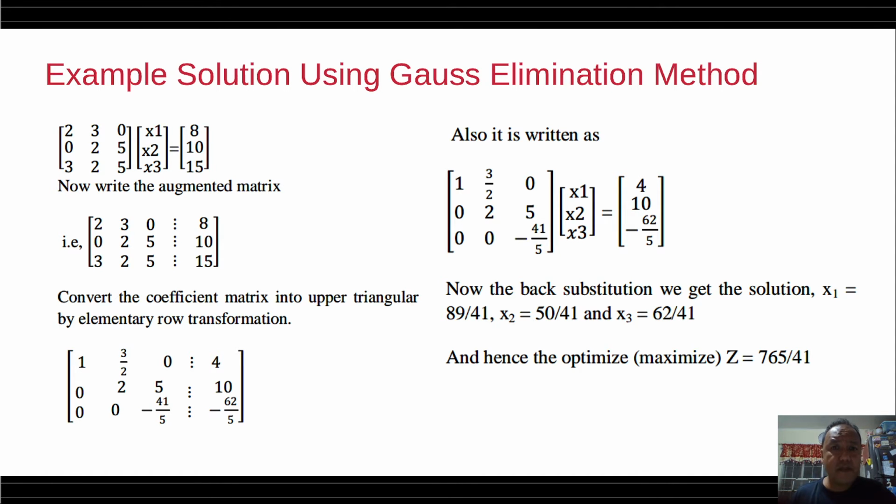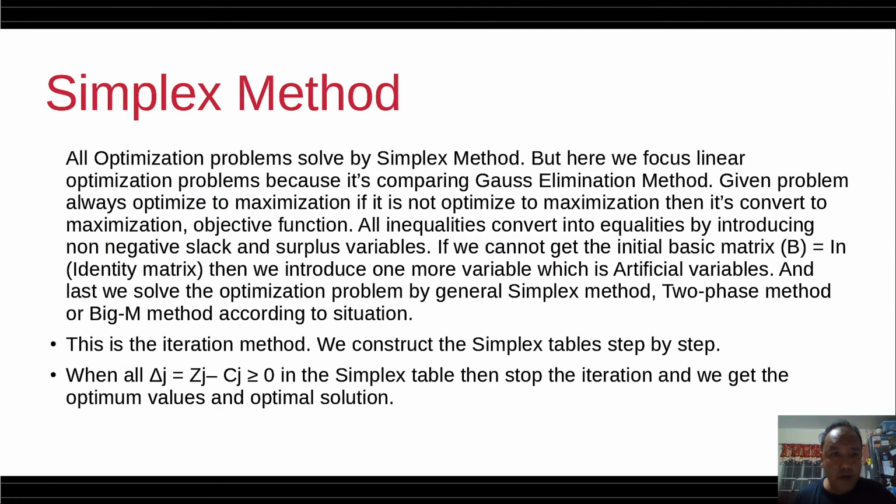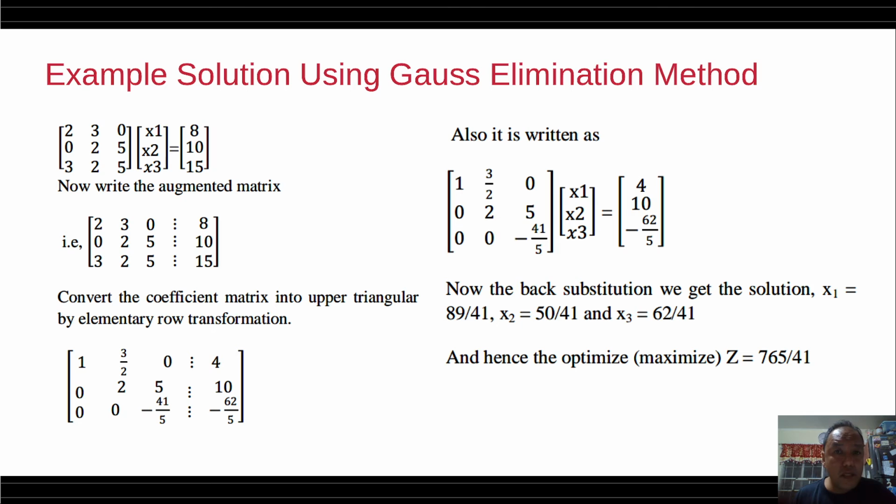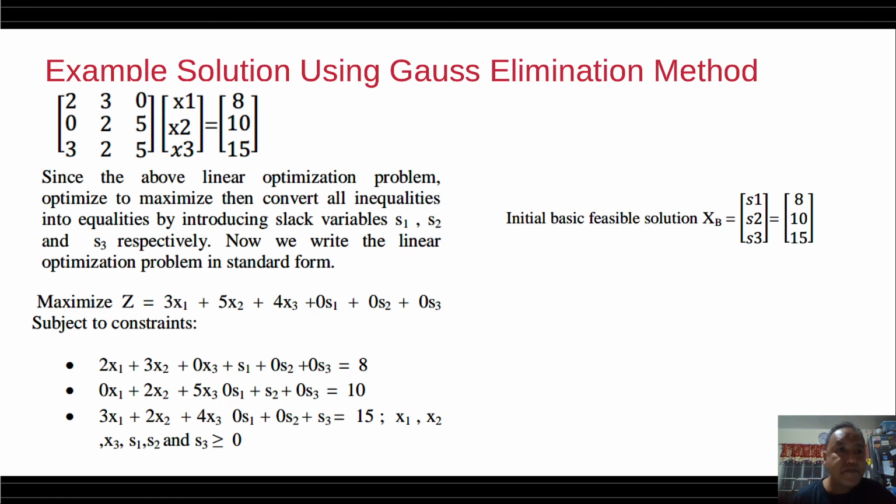We didn't have enough time to consider studying the simplex method. However, the simplex method, it states here, has several iterations that have been considered. The easiest way for us to see is by example. Now, if we go back to the Gauss elimination method using the same matrix, 2, 3, 0, 0, 2, 5, 3, 2, 5 equal to 8, 10, 15 respectively, we've used the same here, but this should not be Gauss elimination, this should be the simplex method already.